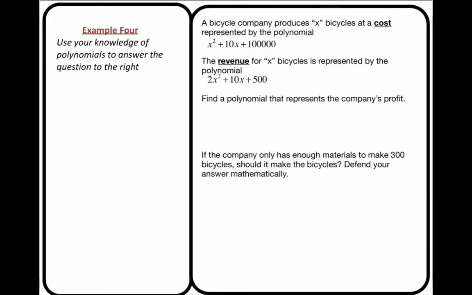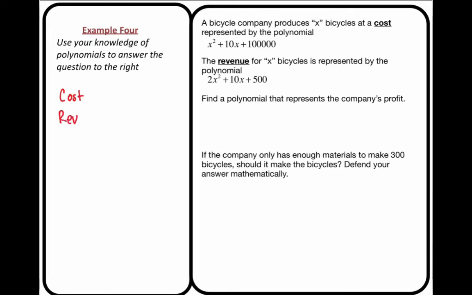Okay, the next example needs a little walk-up music, I suppose, or some introduction. One of the things that we're looking at, before we read the problem or understand anything, is that if you're looking to make profit and you're producing something, you have to analyze the cost and the revenue.